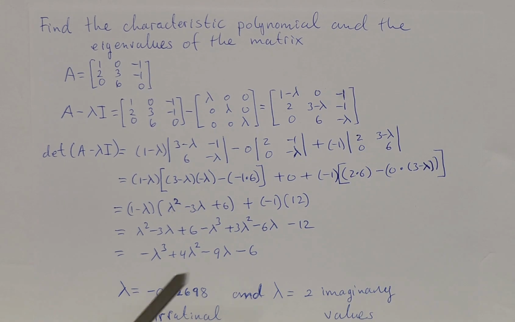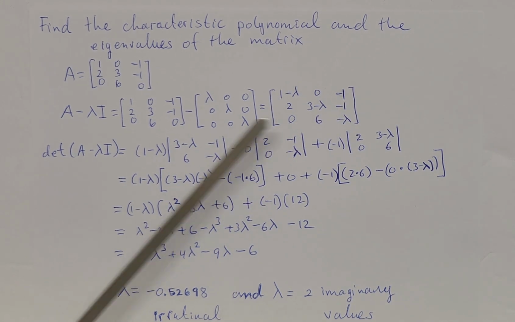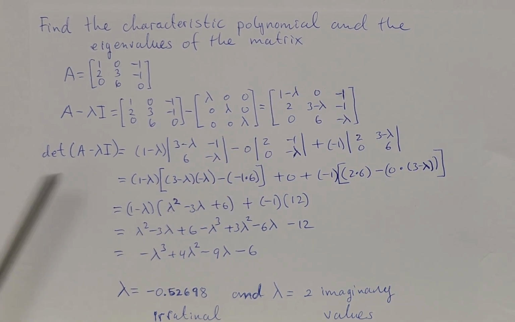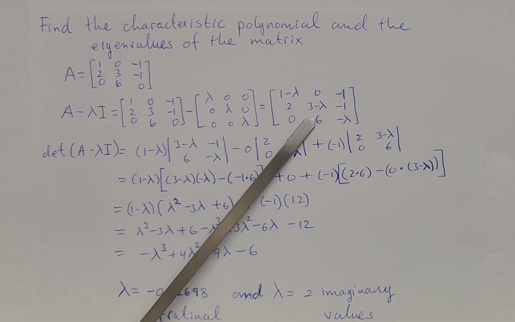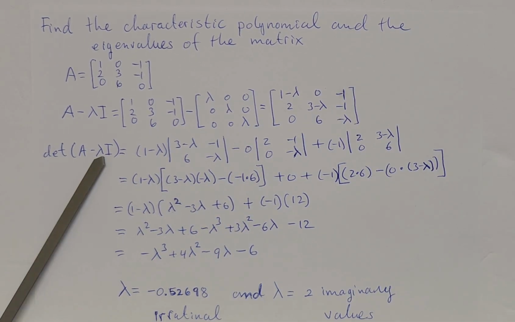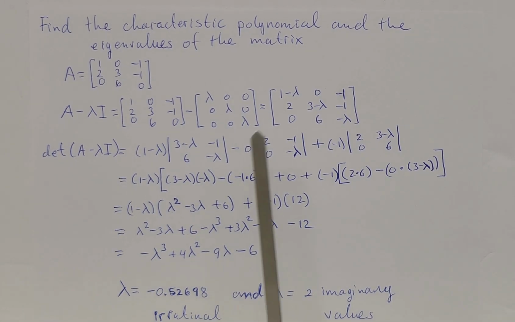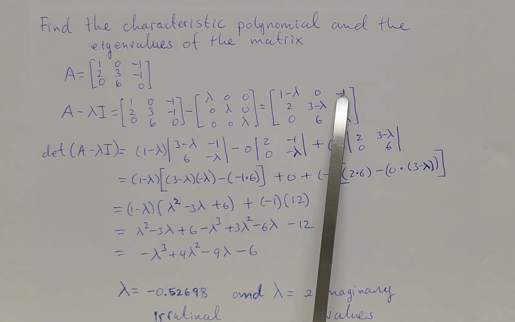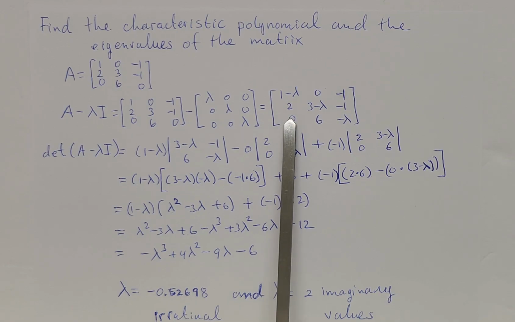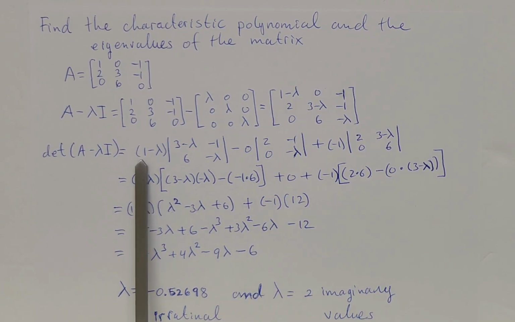Okay, now use this matrix and find the determinant of it. And we're going to use cofactors. And if you remember cofactors, this row block this row. So I'm going to use this term here.